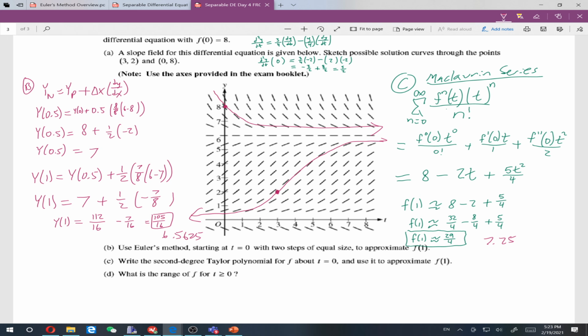Alright, so for the last one, I want to know what the range of f is when t is greater than or equal to 0. And what does range mean first? What's the lowest and highest possible outcome we can get?